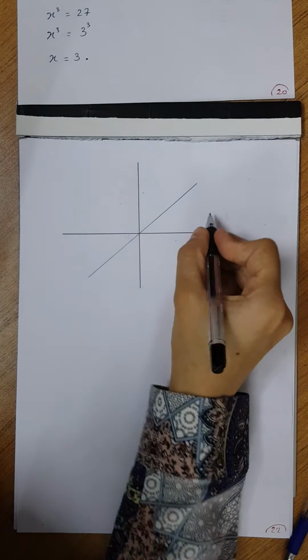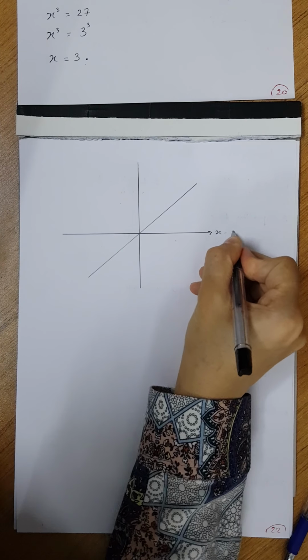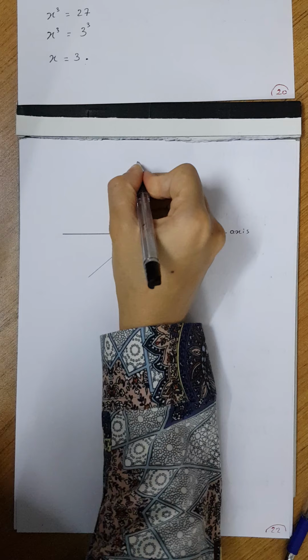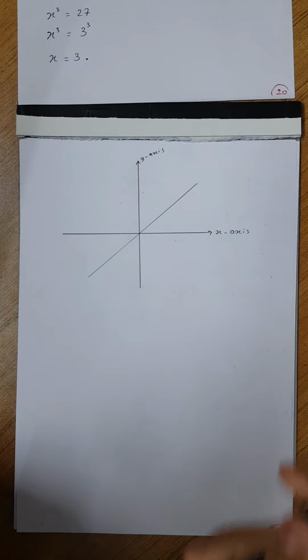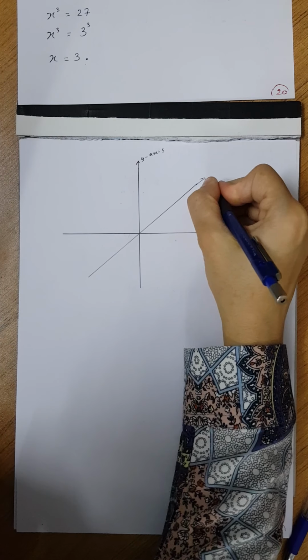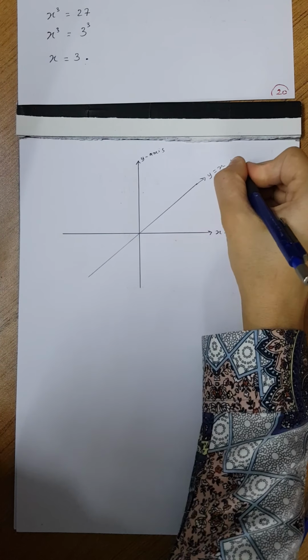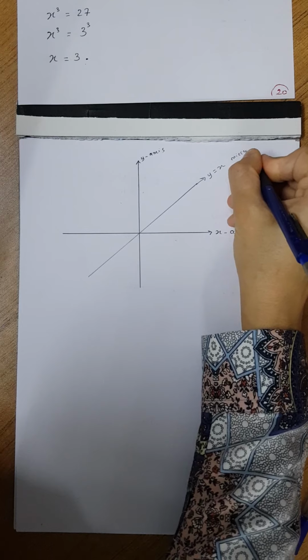That is the x-axis. That one is the y-axis. That one is the mirror function y equal to x. That is called the mirror for that case.